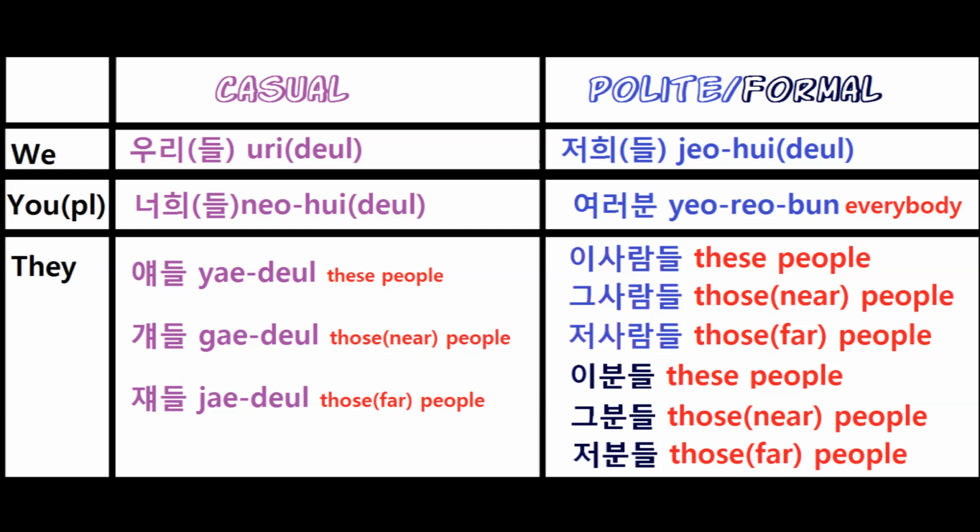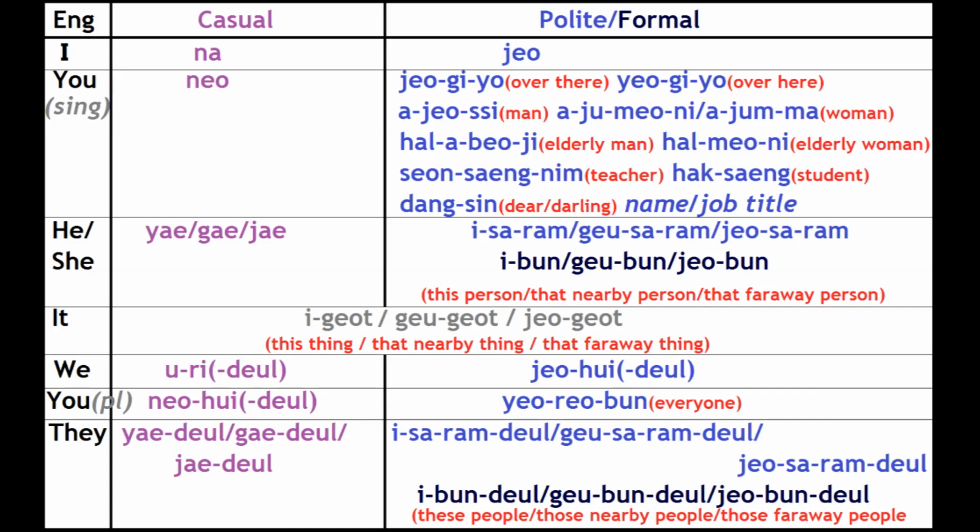In casual speech, it is 얘도, 걔도, 쟤도. In polite speech, it is 이 사람도, 그 사람도, 저 사람도. And in formal speech, it is 이분도, 그분도, 저분도.